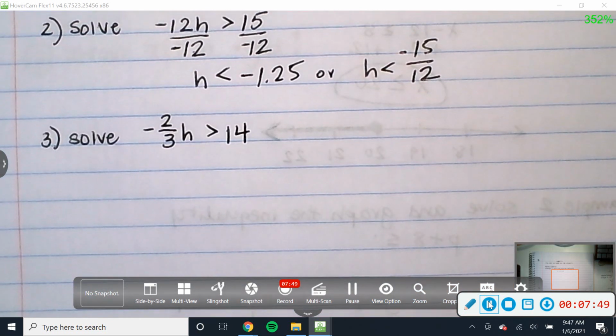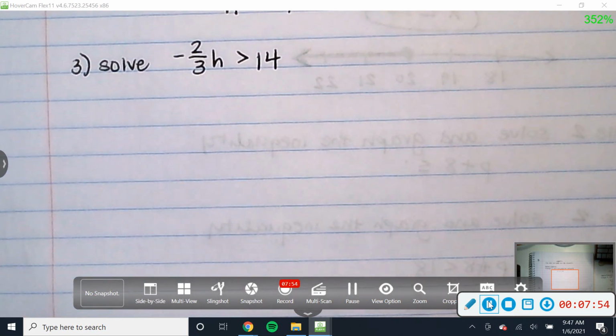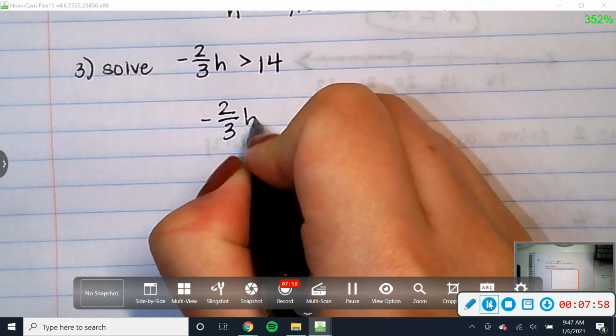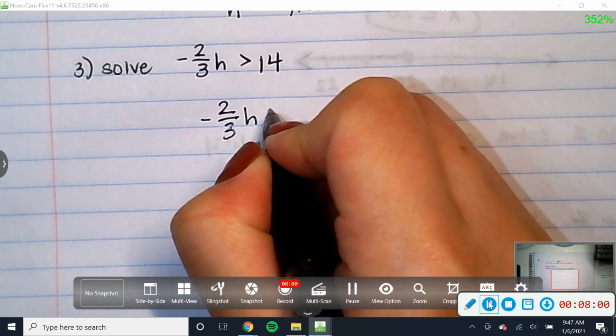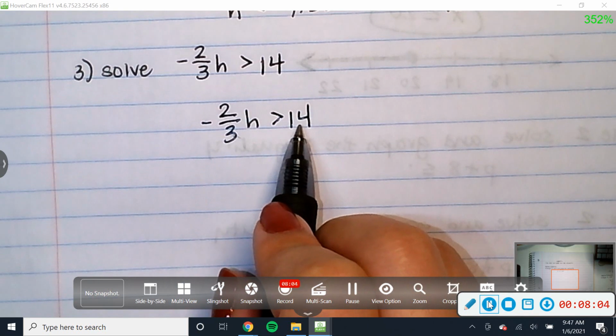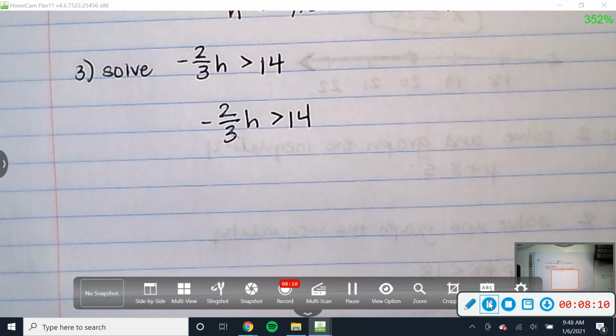And then our last problem right here, number 3, this is a fraction. There's a few different ways that you can solve these. If you want to, you can multiply the denominator on both sides and then divide on both sides. I'm going to use a quicker method, which is to multiply the reciprocal on both sides.